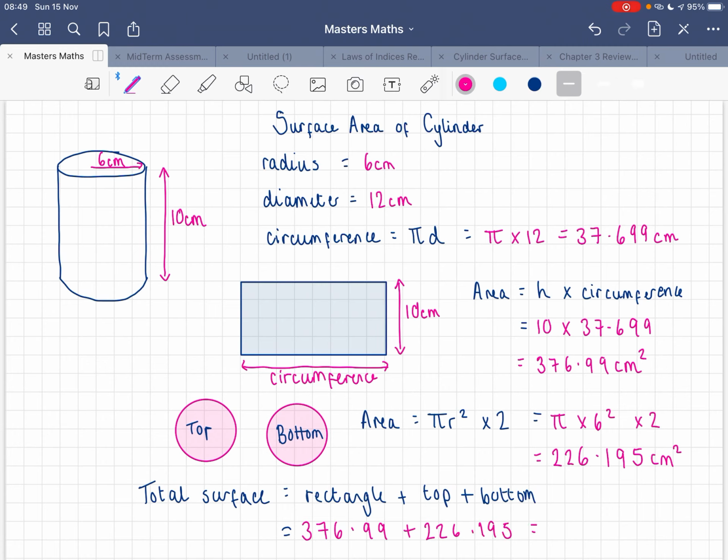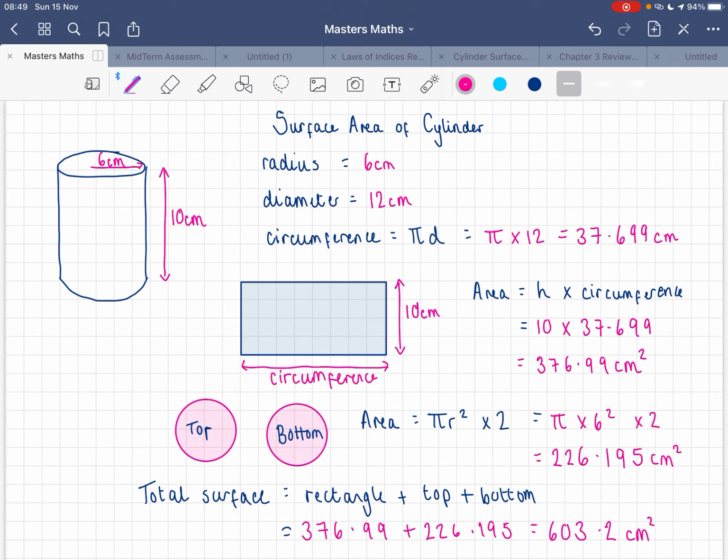Remember, that is the top and the bottom together because I multiplied by 2 here. That gives me, when I add it all up, 603.2, if I round it correctly, centimetres squared, because it is an area, okay?